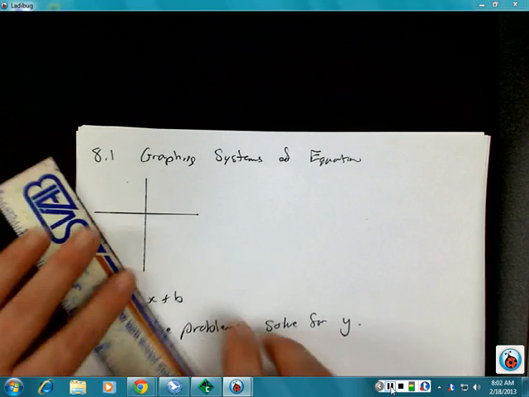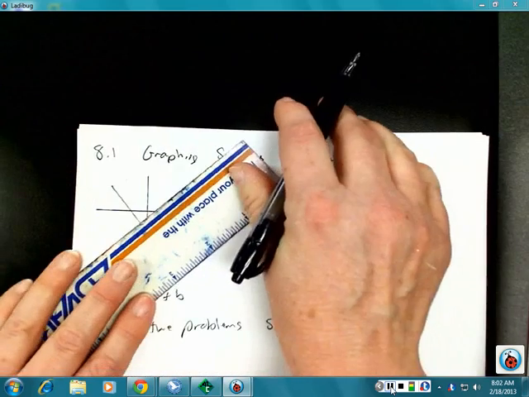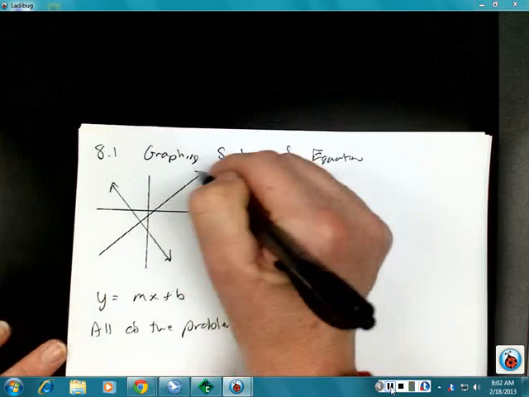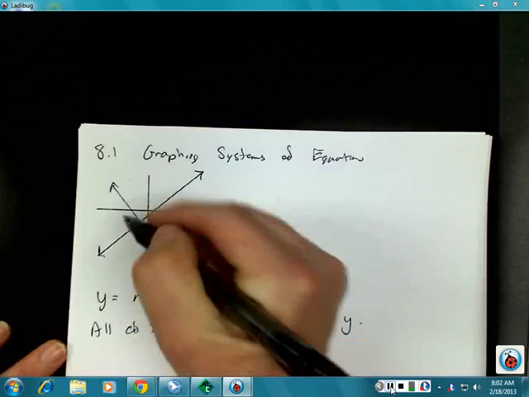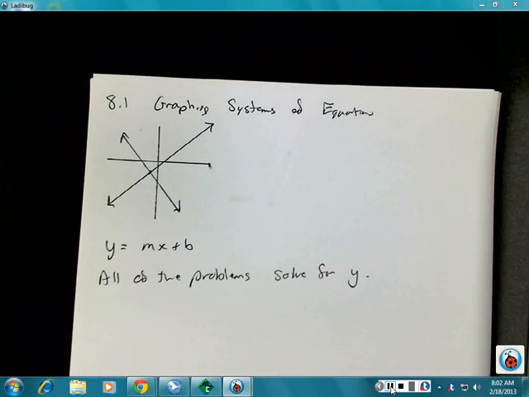But in our graphing, you'll graph a line, and then you'll graph another line. And if those two lines that you happen to graph cross each other at this point, that is where they end up coming out at. Okay.